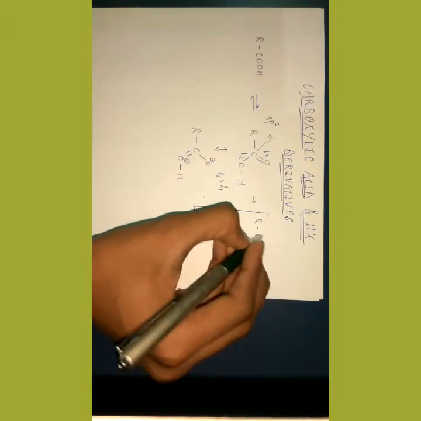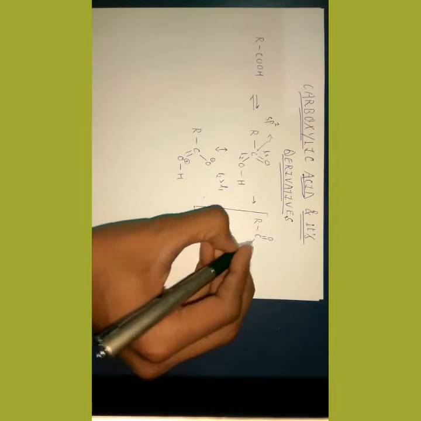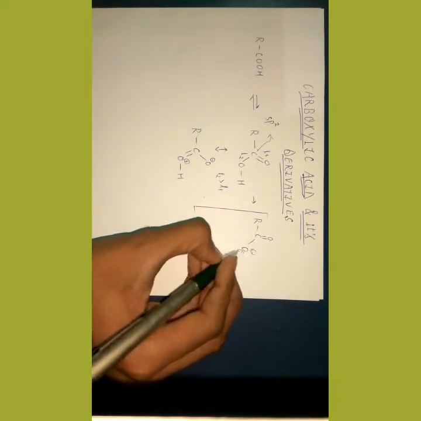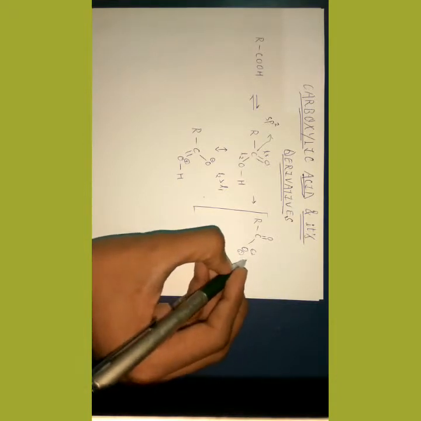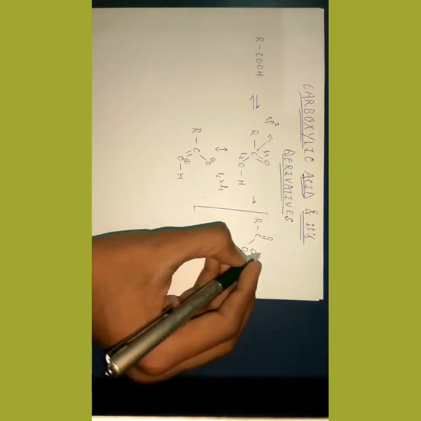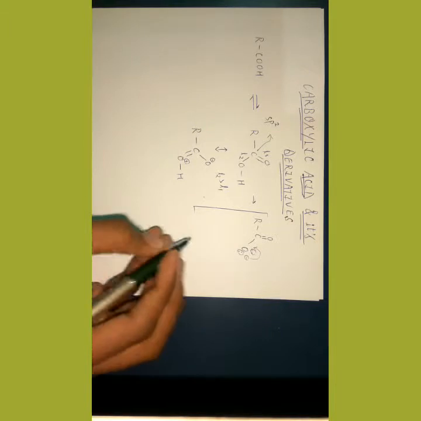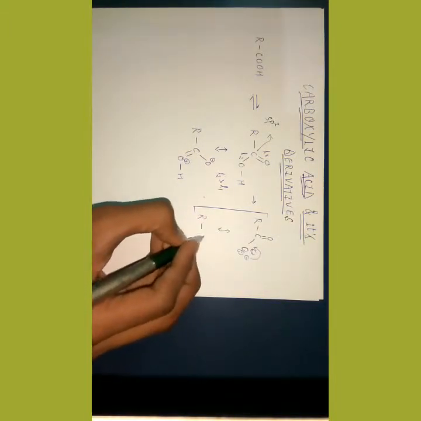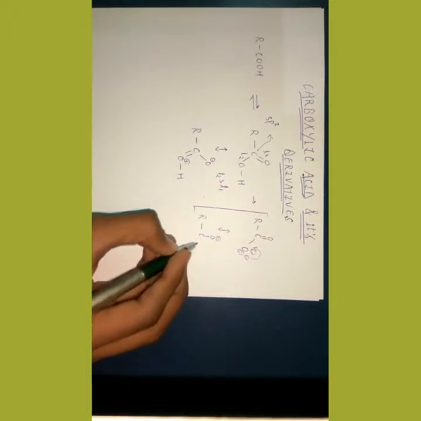Here it's R C double bond O, here are the two lone pairs of oxygen and a negative charge which is shifted over here, and its equivalent will be like this.